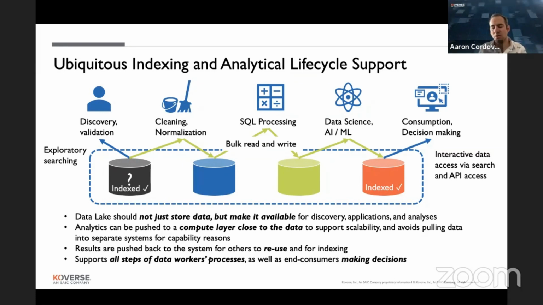So I also want my data to be highly available, accessible through an API, accessible through a search interface, or something I can embed in an existing process, so that as data is being derived to help make decisions, I'm getting that information into the decision-making process at the point of decision-making. So we need to be able to do any and all of these things at any time.